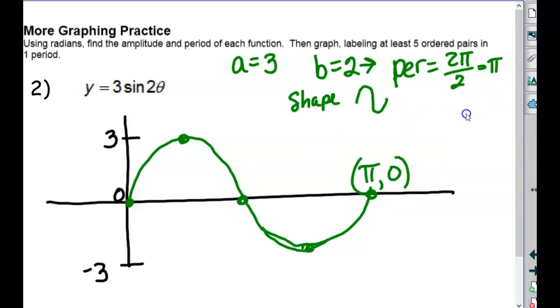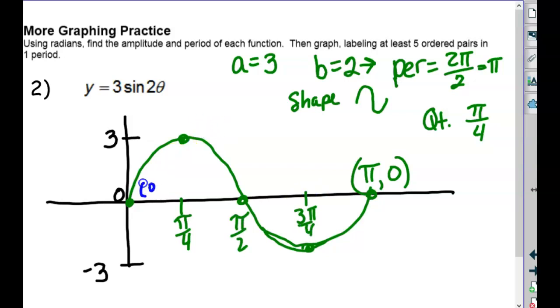So halfway, when we divide that by 4 to get the quarter points, right? Pi over 4. So this is 1 pi over 4. You could write 2 pi over 4, but eventually you need to reduce that to what? Pi over 2, and then this one is 3 pi over 4.